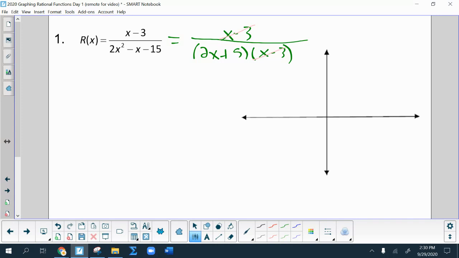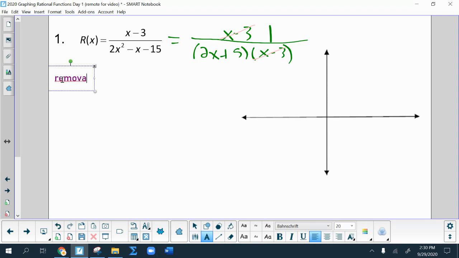But when we're canceling out the x minus 3, that is creating the very first thing that most people see, which is the hole, which in calculus is called the removable discontinuity. So you have a removable discontinuity at 3 comma something.